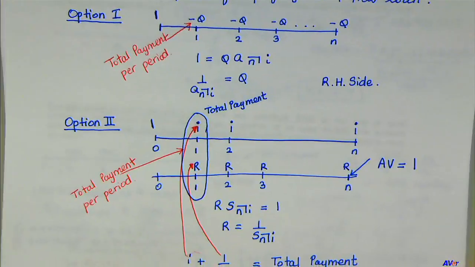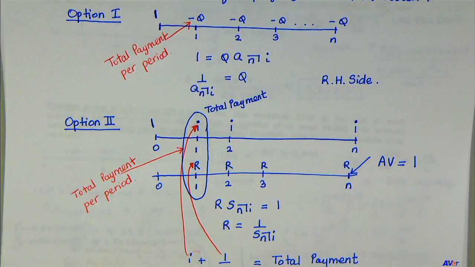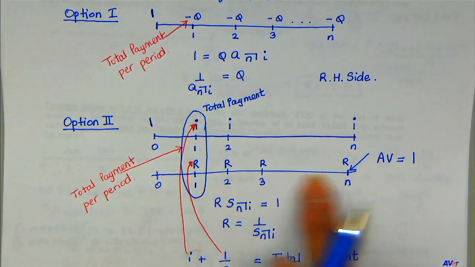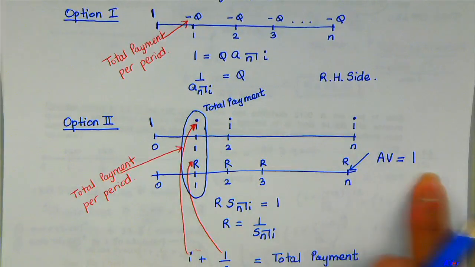Feel free to ask me if you're not happy with this scenario. I can explain. So this kind of reasoning is going to become very necessary later on when we talk about sinking funds. A sinking fund is an account where you accumulate the total value of the loan like we are doing here.